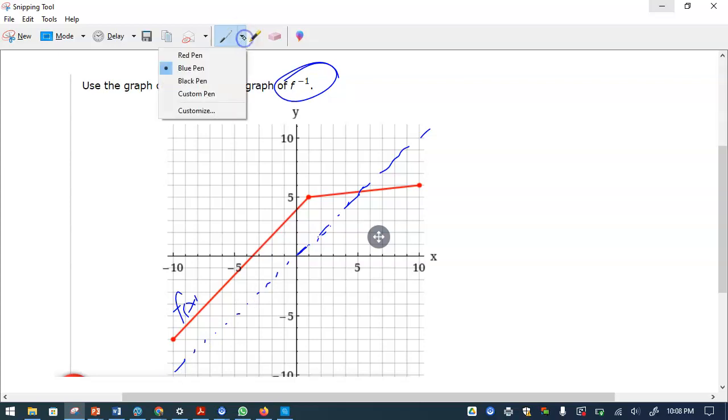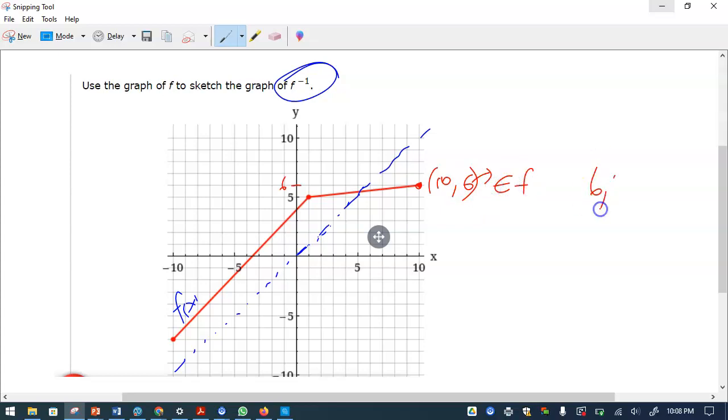How you do it is you see what is this point. This point is (6, 10)... this is 6. So all you do is if this belongs to f, then the swapped point should belong to the graph of the inverse. So you check where it is.